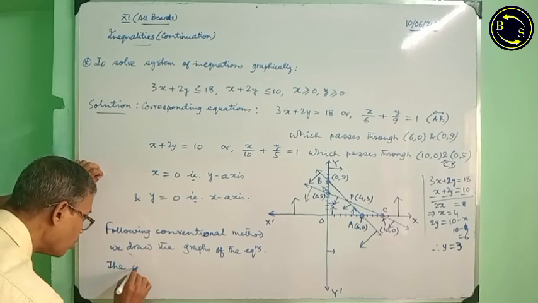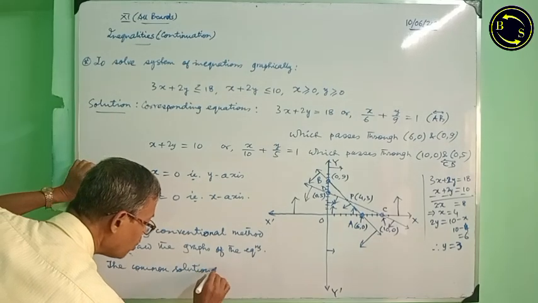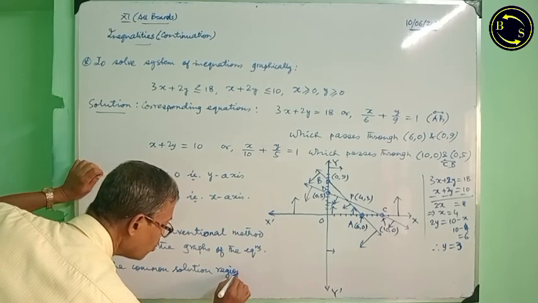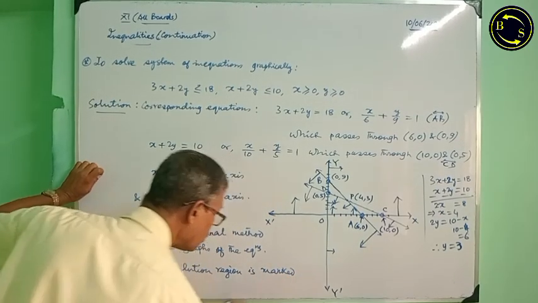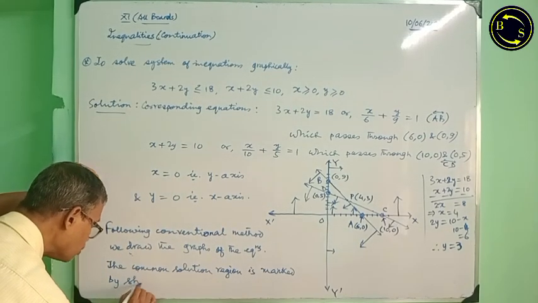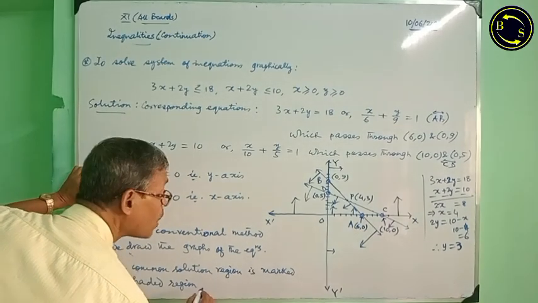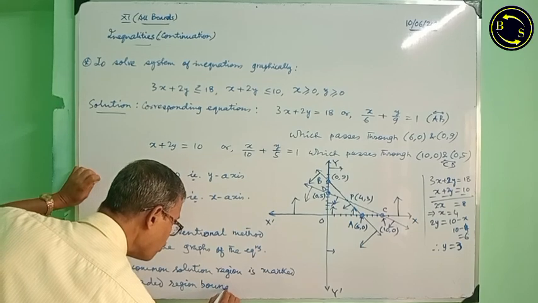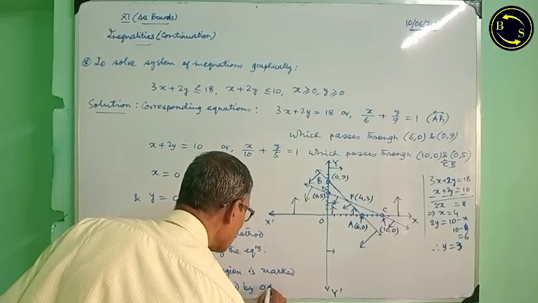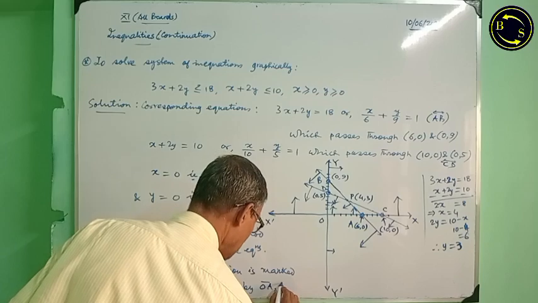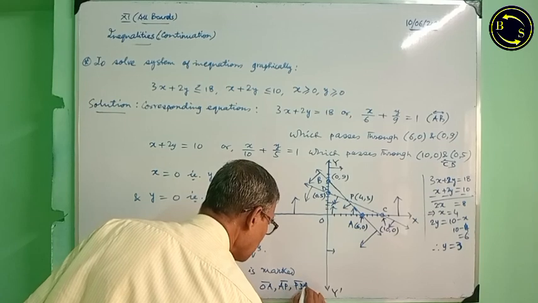The common solution region is marked by the shaded region bounded by OA, AP, PD and OD.